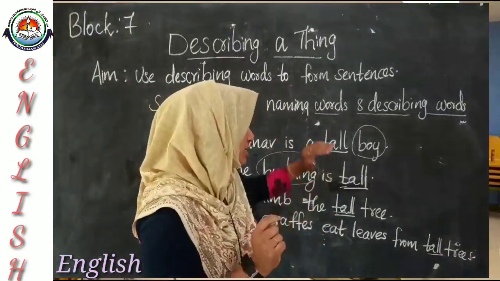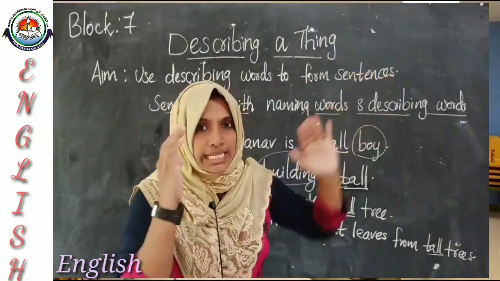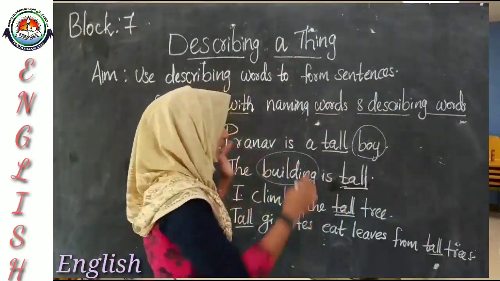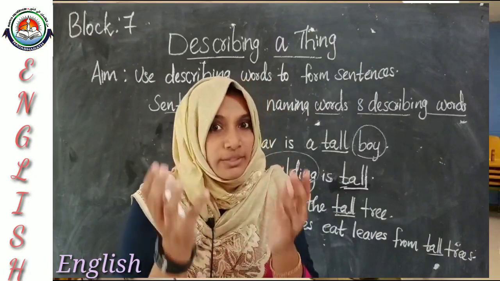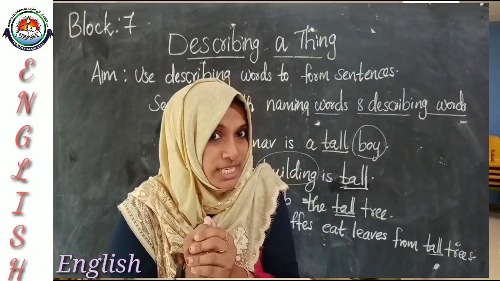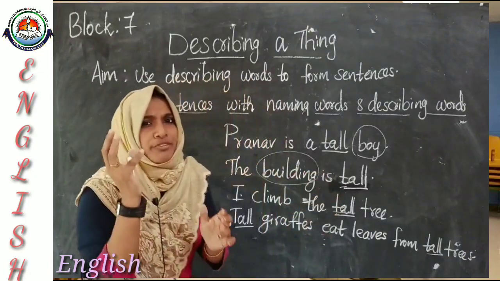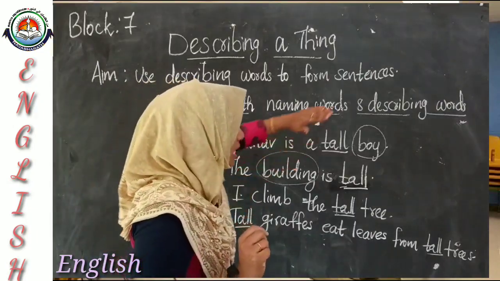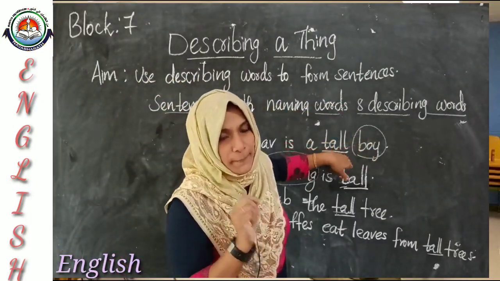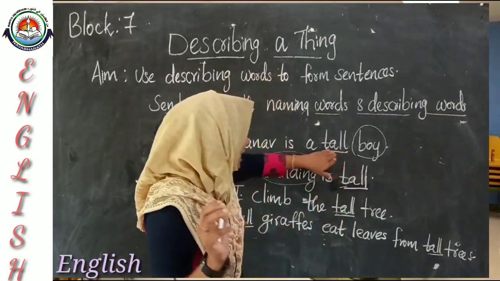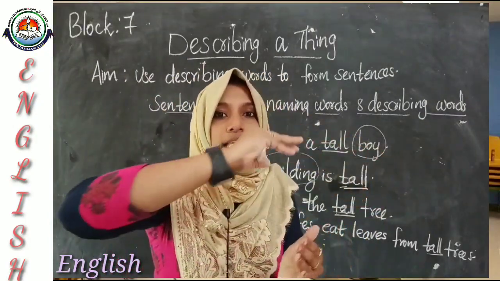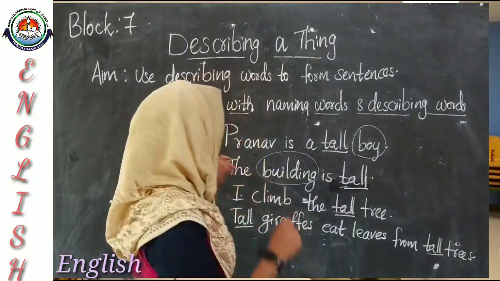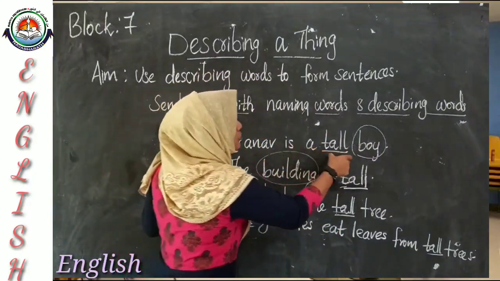Here we have used the describing word tall, T-A-L-L, in every sentence. So where is the position of this describing word? Yes, most of the time we use these describing words before the naming word, or after the words am, is or are. See here, Pranav is a tall boy.